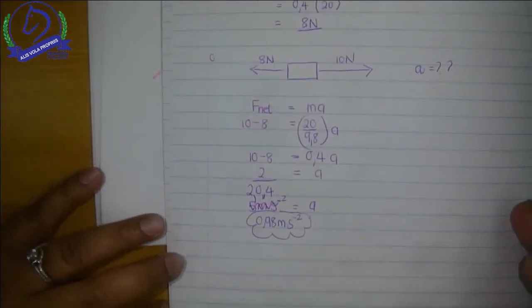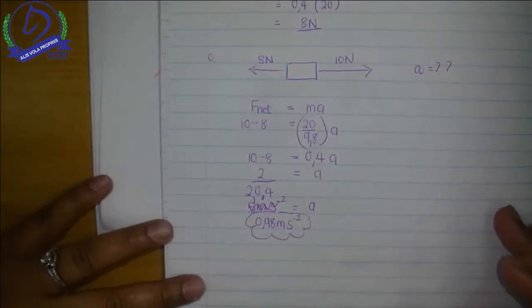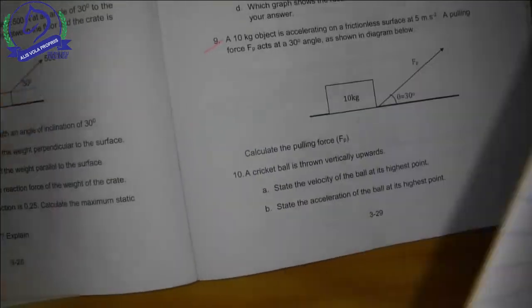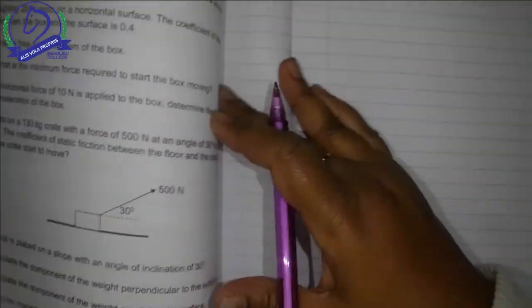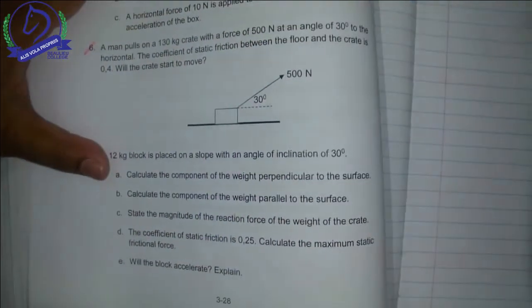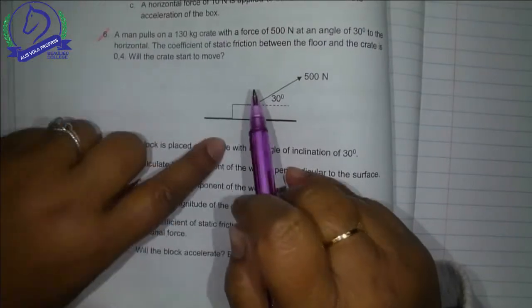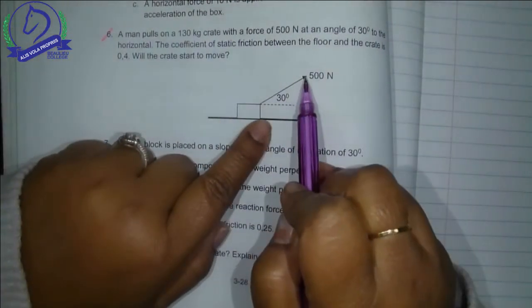We're going to make this a little brighter and let's move to the next example, which is example number 6. In example number 6, now I can use this side of the book. You can see that you have a man who's pulling on this crate.